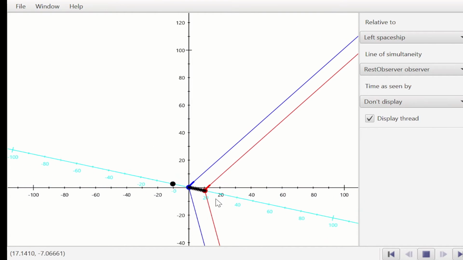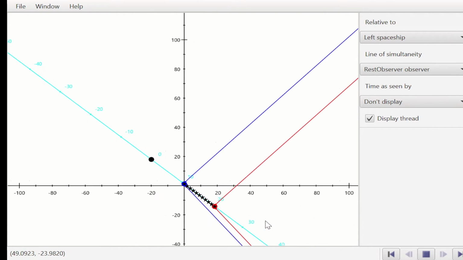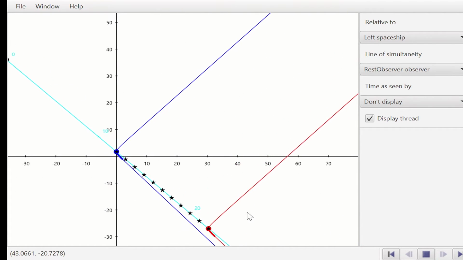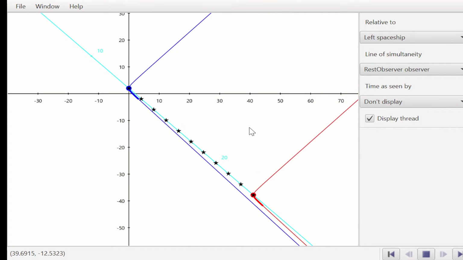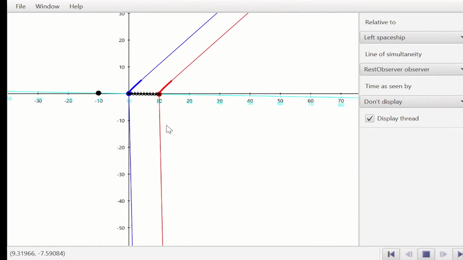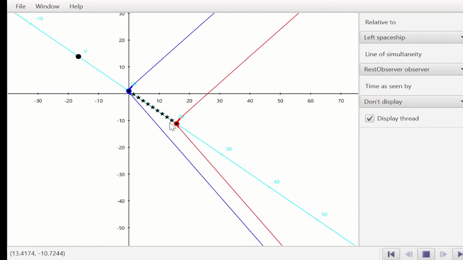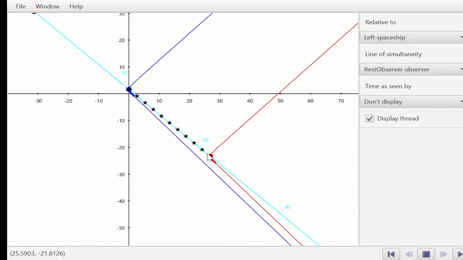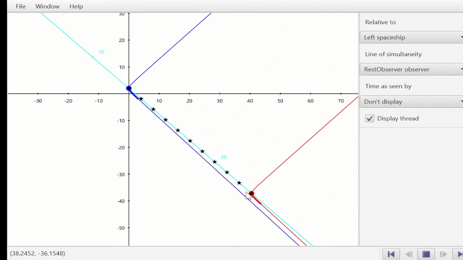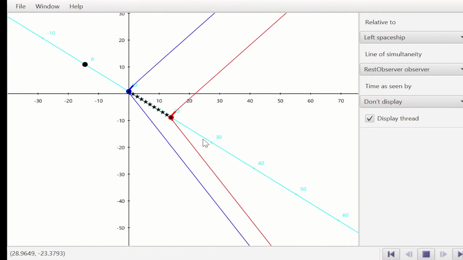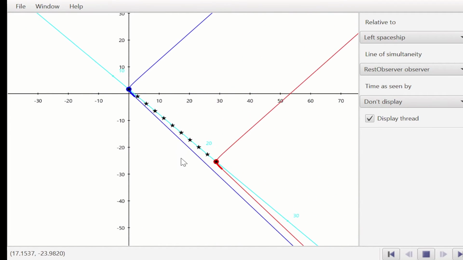When we keep the measurement along the line of simultaneity for the rest frame, you can see that the distance between points on the thread expands. And so the thread is stretching.